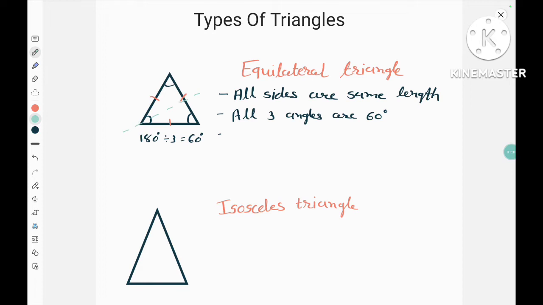So if you cut from this angle, then yes, both pieces are the same. If you go from this angle, it is also a symmetry line, and this line is also a symmetry line. So an equilateral triangle has 3 lines of symmetry.